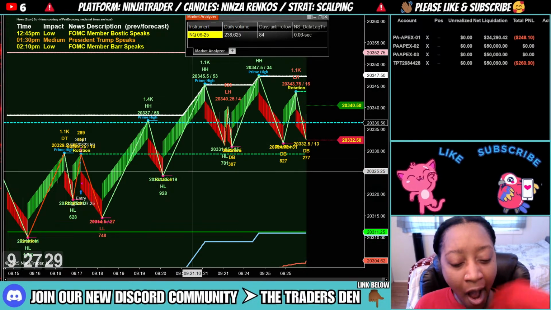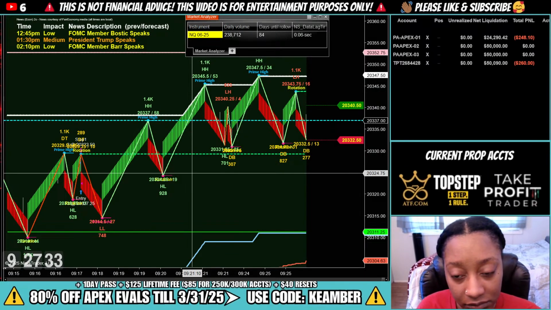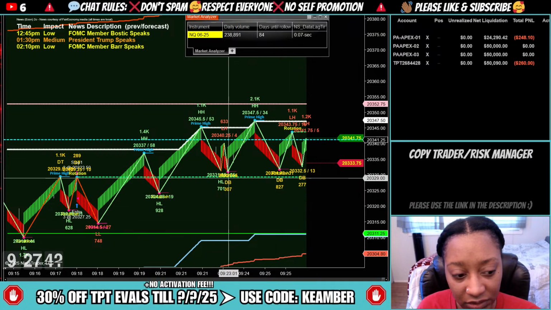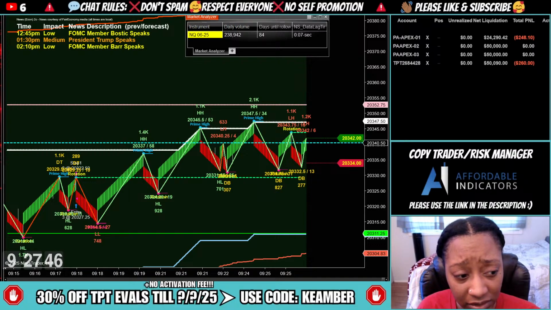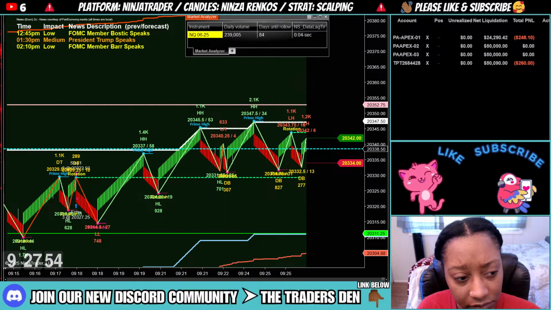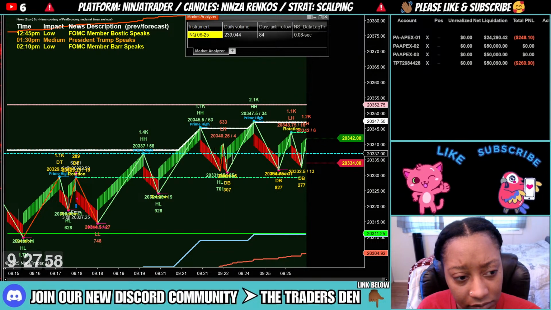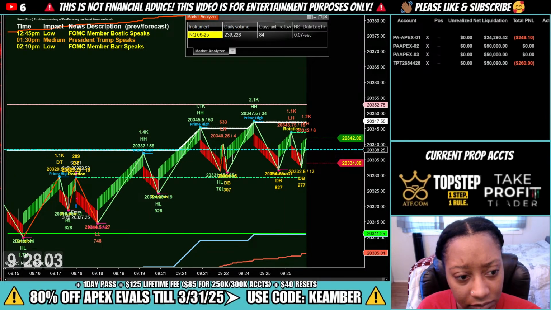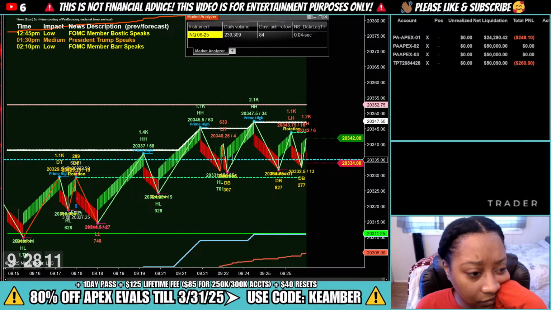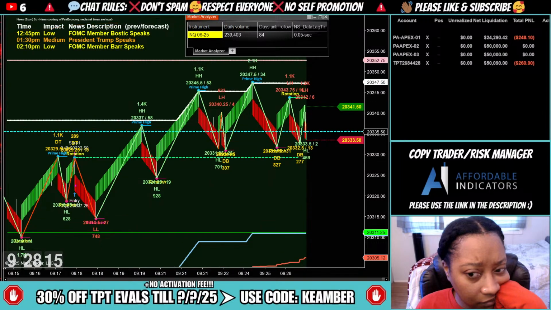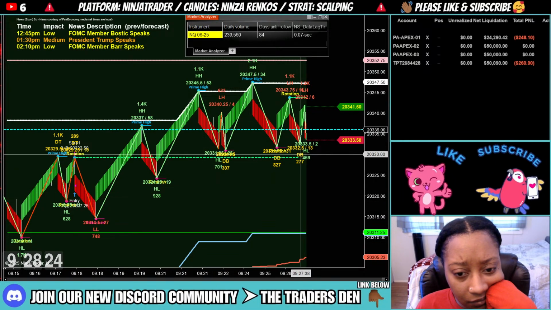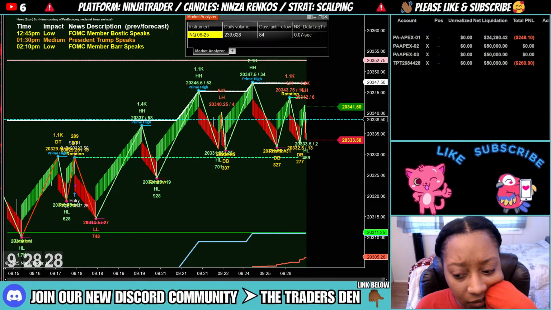What the fuck is this? As much as I hated the crazy ass volatility, it was way better than this mess. So I guess I wasn't in trades then?